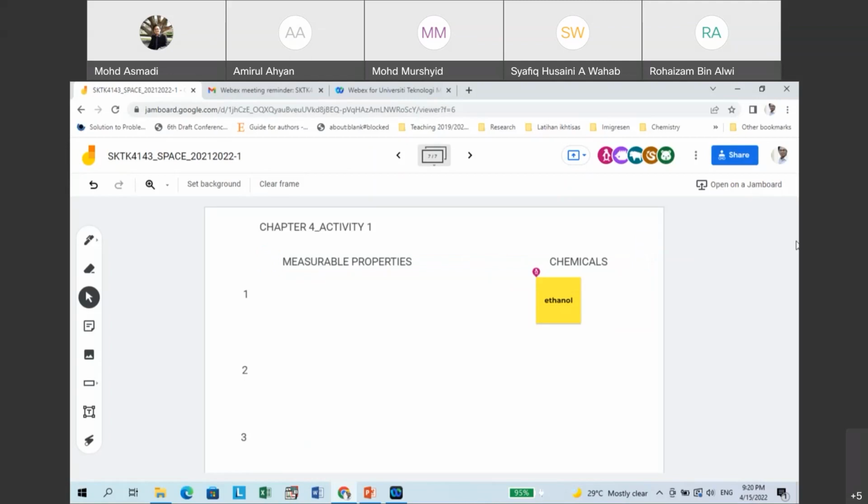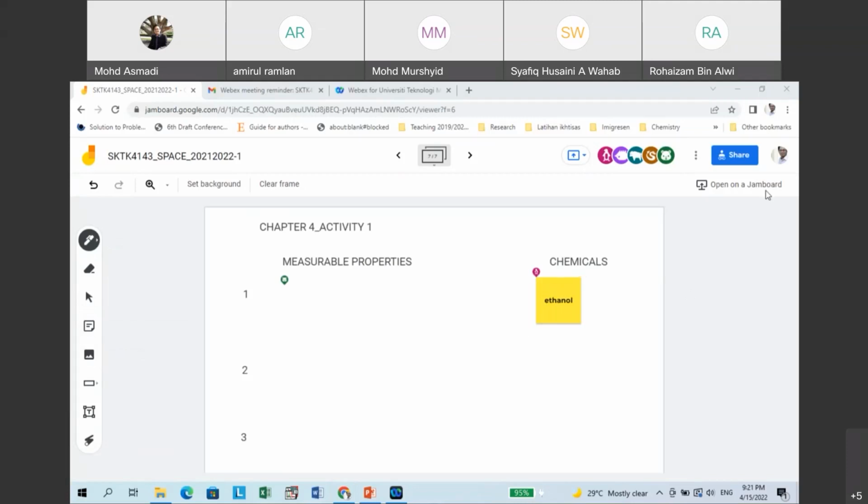What is the measurable properties that related with the solvent must be in liquid form at the extraction process? Dia punya concentration boleh kira measurable properties ke? Apa dia?